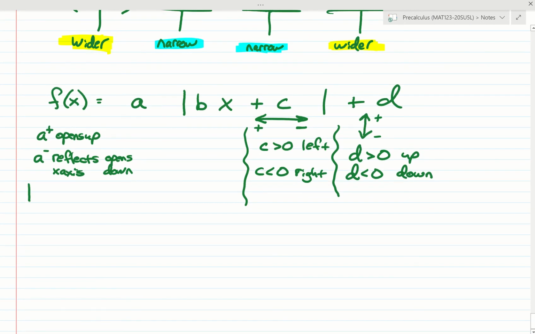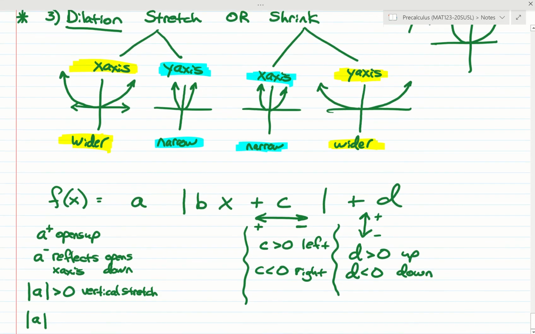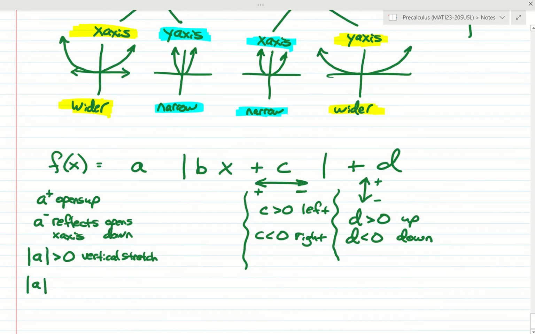Now, if you ignore whether it's positive or negative, so let's put absolute value there. If the absolute value of A is greater than 1, that's called a vertical stretch. A vertical stretch is going to make the graph narrow. When we're talking about the y-axis, that's vertical.